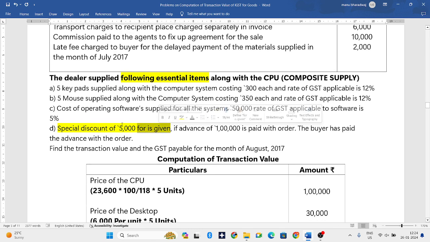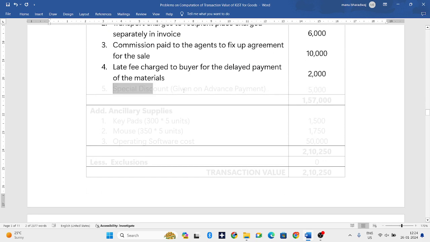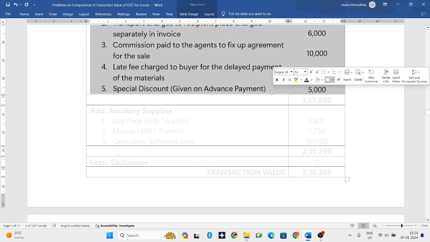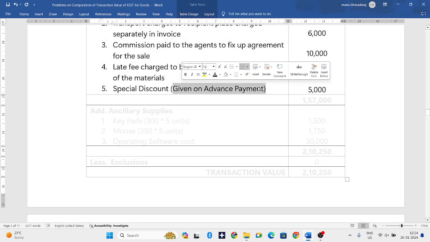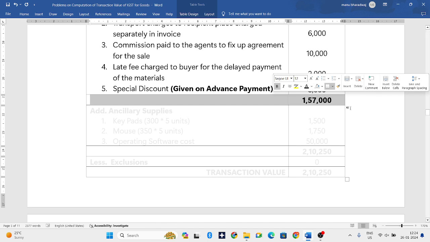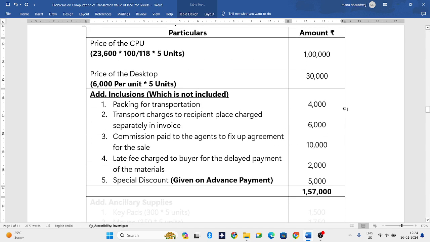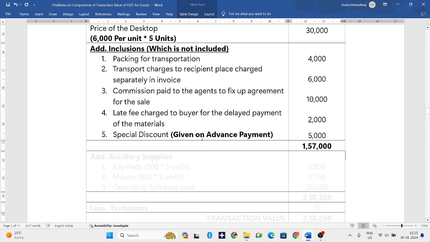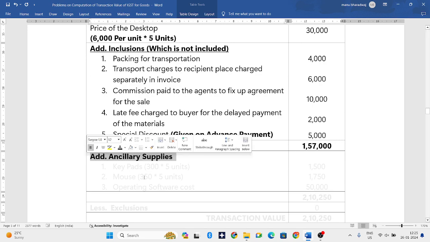Here in the question it is given, so we have to add it. So add the special discount, that is 5,000 rupees given on advance payment, which shouldn't have been given, but they have given it. So we are adding it. When you add everything, you get a total of 1,57,000.